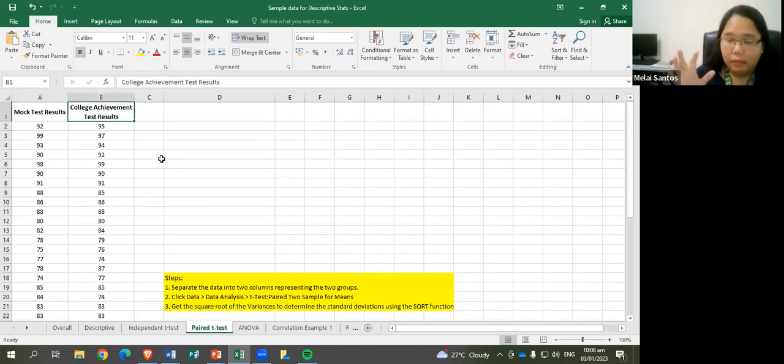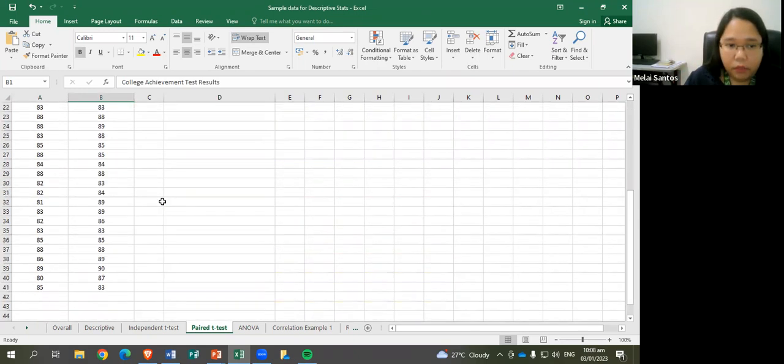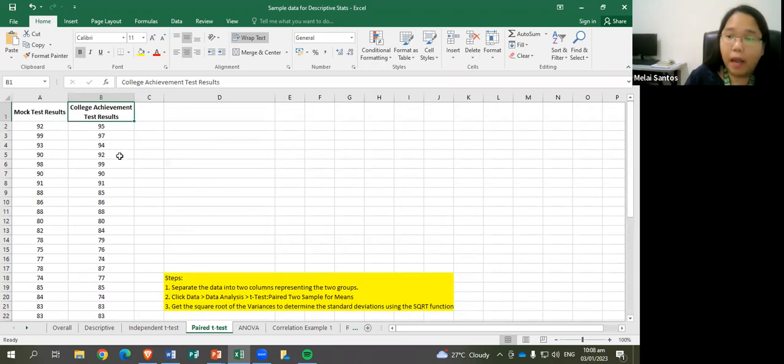So it's easy because it's there already. You have the same number, of course, because these are the same people. So 40 people took the mock test.